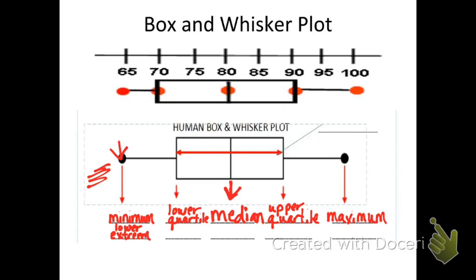What you've got to understand is that you may see a number that uses the word minimum, or it may use the word lower extreme, but guess what? It's the same thing. So you just have to know both of these. We'll work on practicing that. But you've got to know both of them. So minimum or lower extreme. Now, if that one is called the lower extreme, what do you think this one is? Upper extreme.